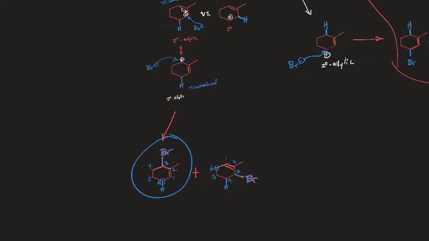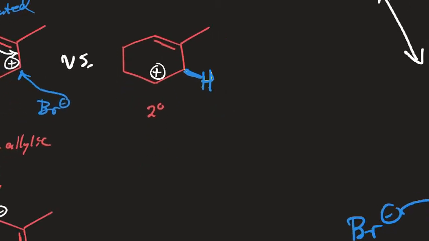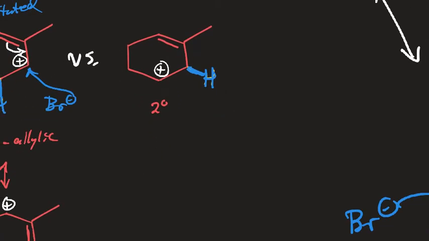So we have that as a possibility. Now if we go over here to the other possible molecule, that one's secondary and not allylic, you'd have a hydride shift. For sure that would work.